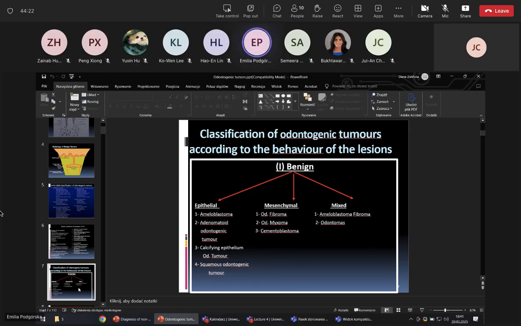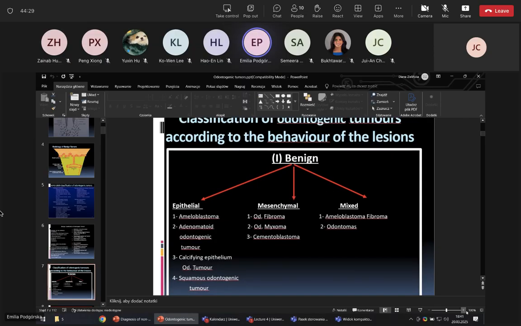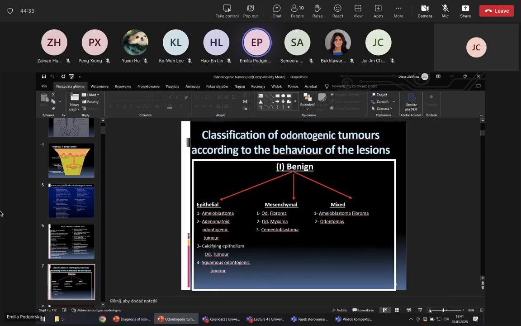A classification of odontogenic tumors according to the behavior of the lesions. Benign: we have epithelial, mesenchymal, or mixed.